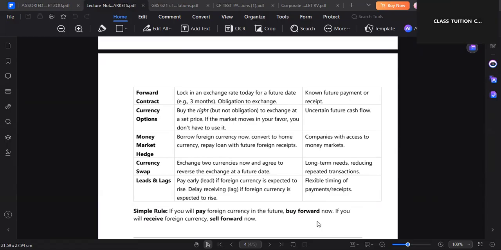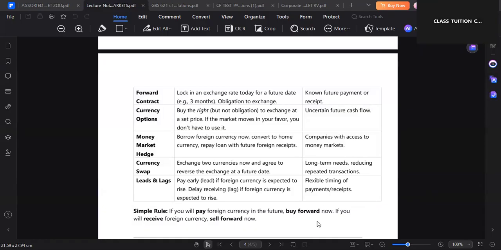Then you immediately convert that borrowed money into your home currency at the spot rate. And later you receive the foreign currency payment. Then you use it to repay the loan. So effectively, it locks the exchange rate today.